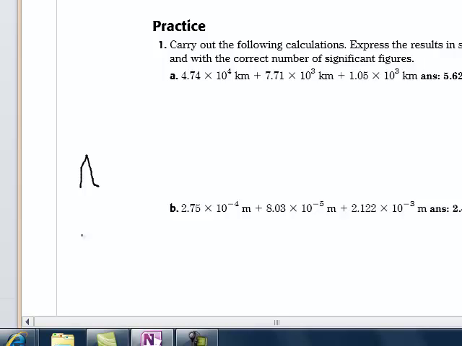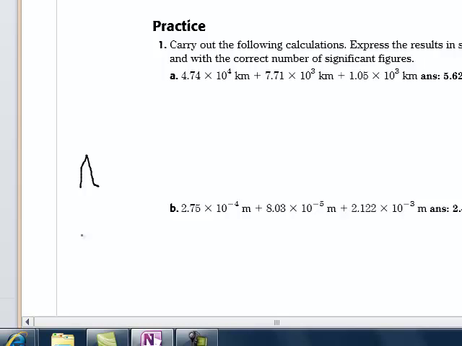Now, did everybody get 5.6 something something? So why is it 5.62 instead of 5.616? Because my least number of places past the decimal is 2.